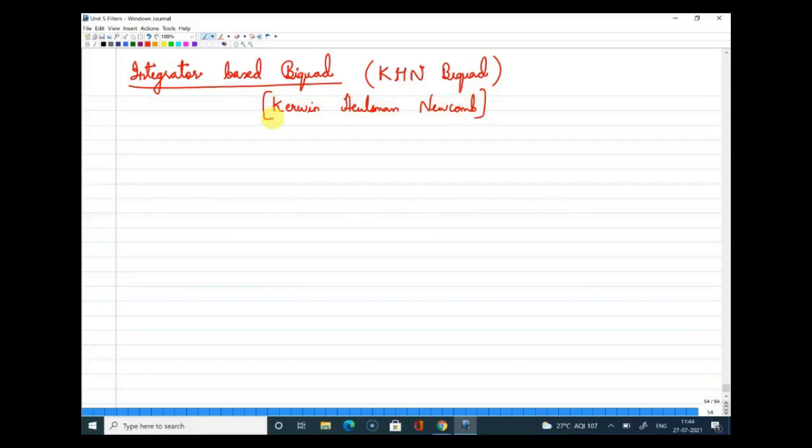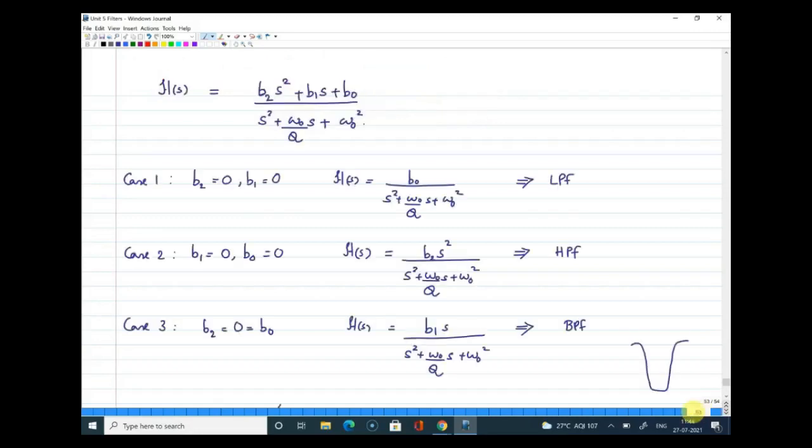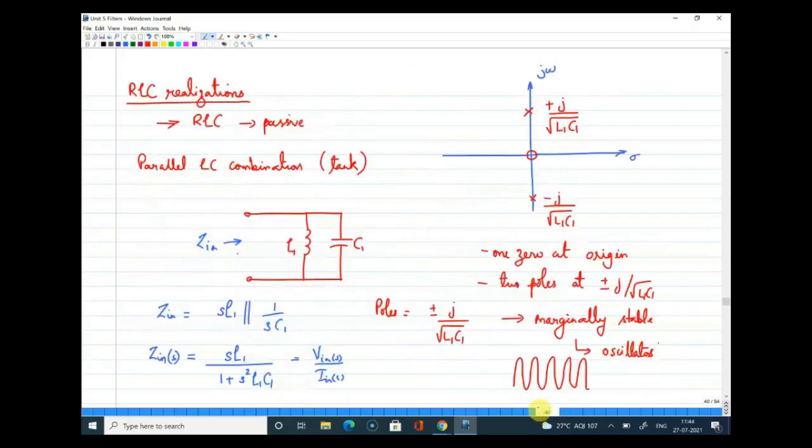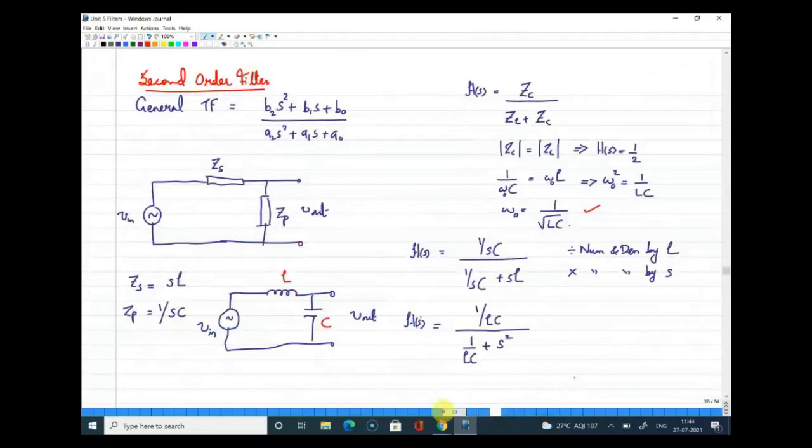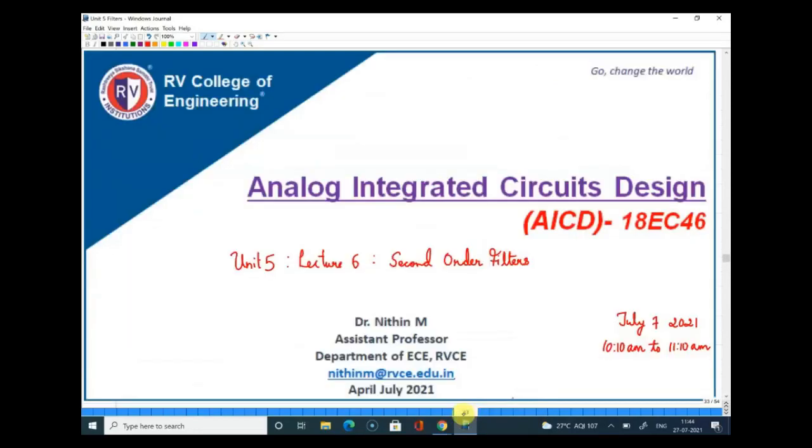Why biquad? Generally a function of this form is called a biquadratic transfer function. The function of first order, let me go back to the general transfer function.